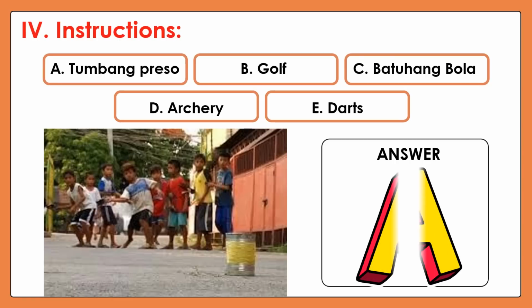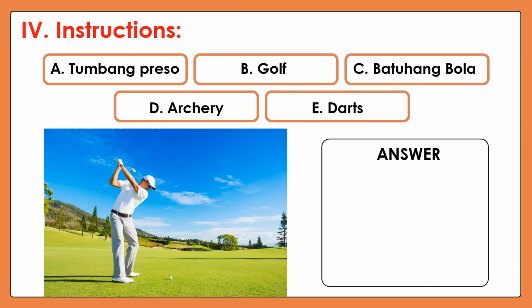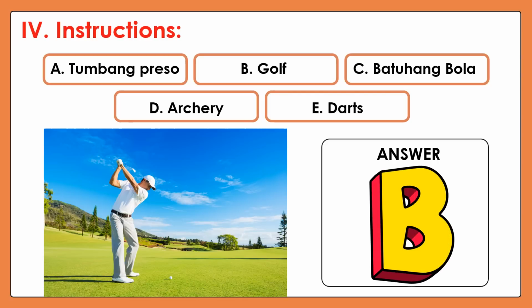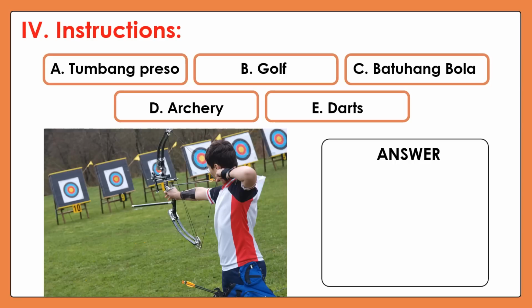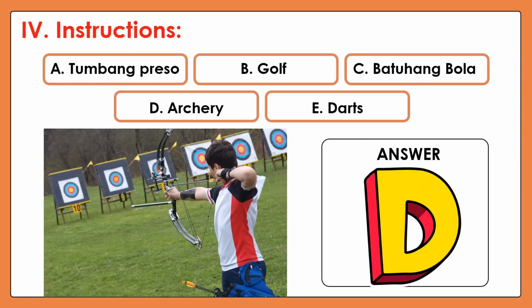The correct answer is letter A, Tumbang preso. Fourth picture. The correct answer is letter B, Golf. Fifth picture. The correct answer is letter D, Archery.